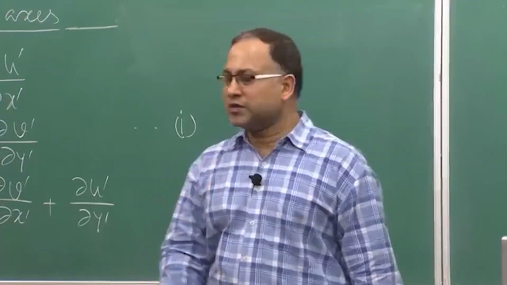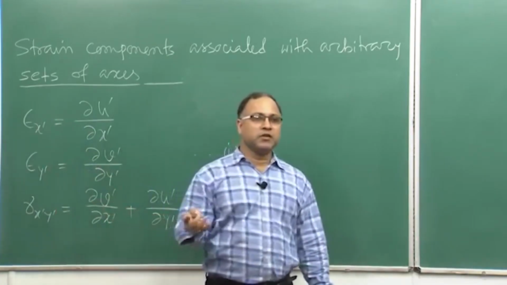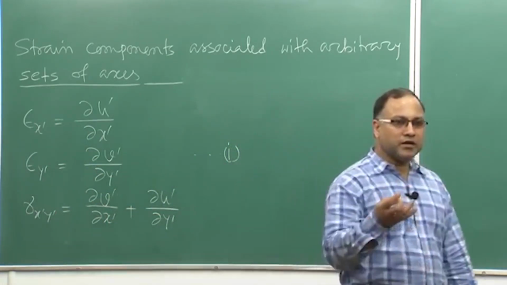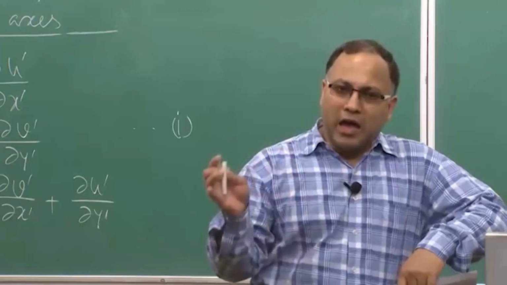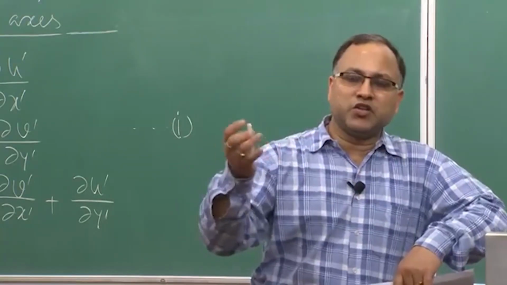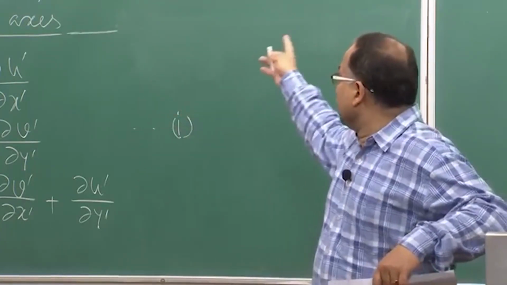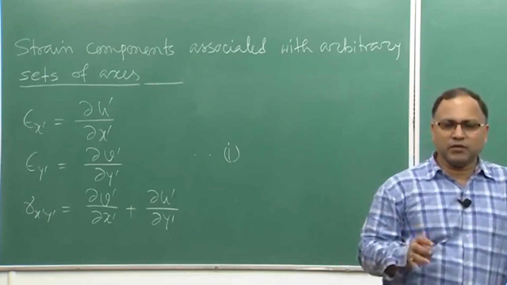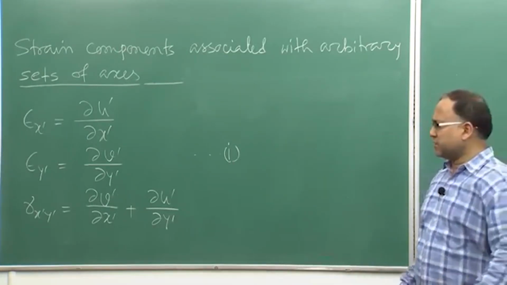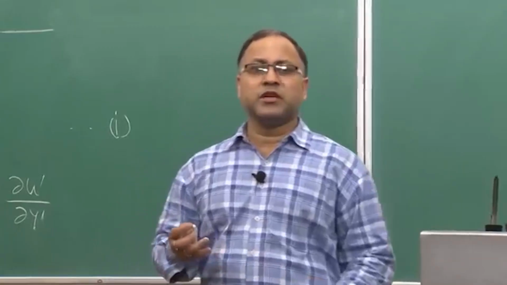So we are going to express these 3 strain components in terms of epsilon x, epsilon y, gamma xy, that means the strain components in the xy coordinate system, and at the same time the orientation of the new set of axes will be required. It is very similar to your stress; only thing is that the procedure of derivation is different.